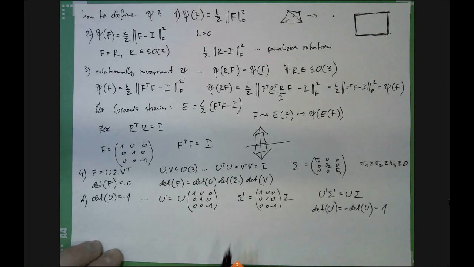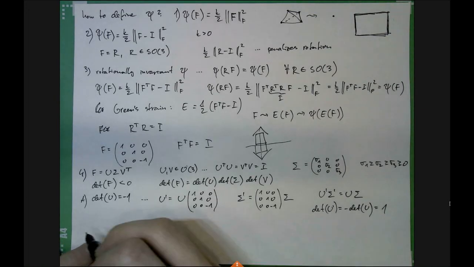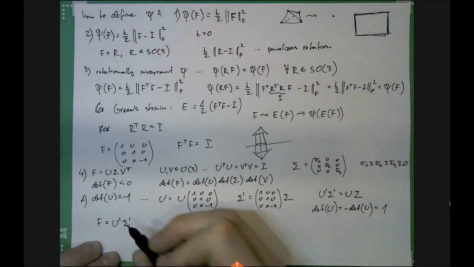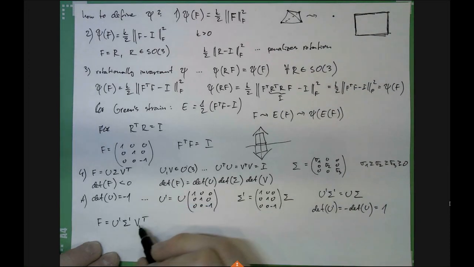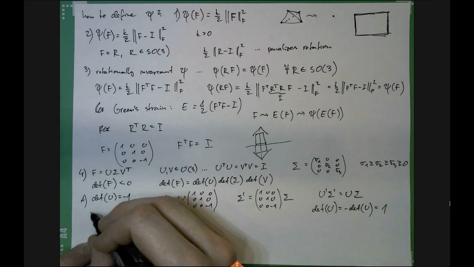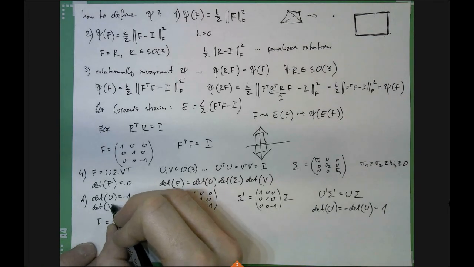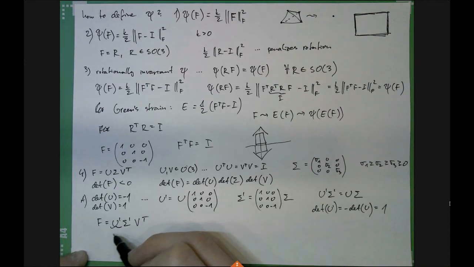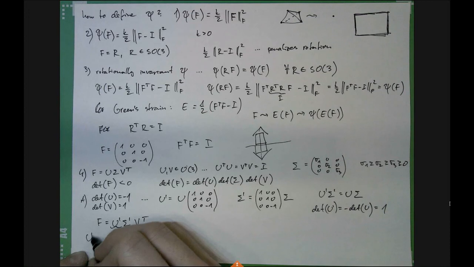So if I use this modified SVD, this decomposition, U prime sigma prime V transpose, I did not touch the V transpose because I was assuming that the determinant of V is okay, it's 1. Then what happens now? Well, this U prime now is a perfect rotation.